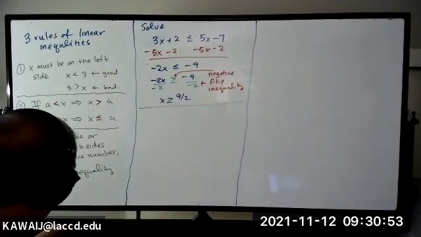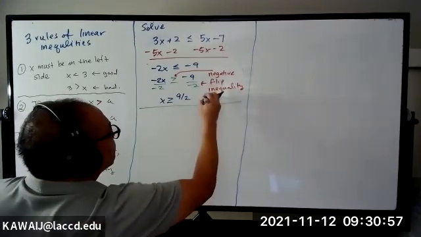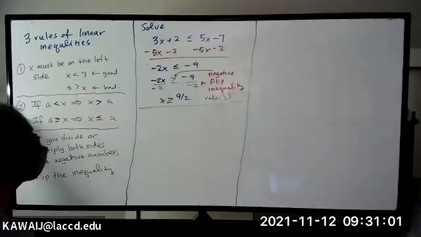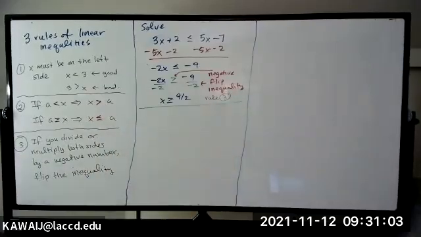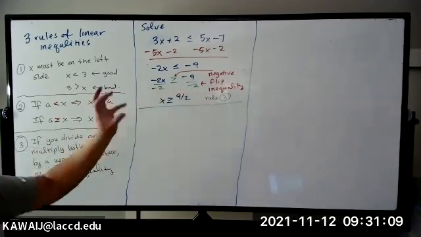Okay, so this right here is rule 3. Now, if these were positive numbers, we would not have flipped them.